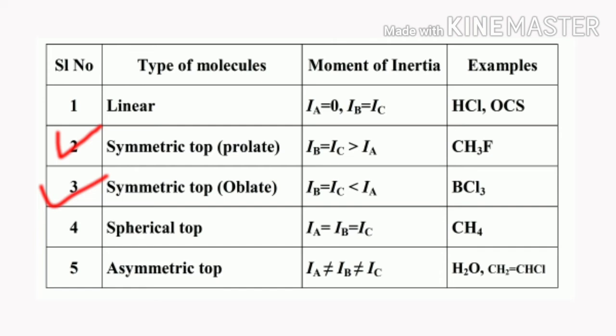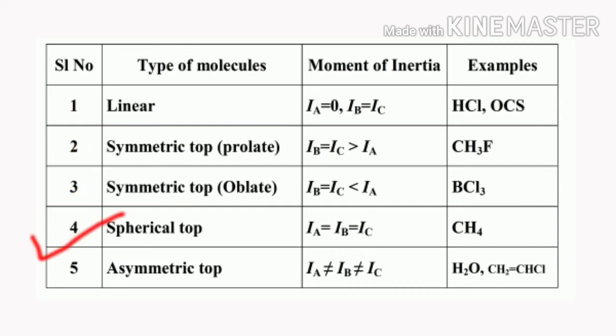In symmetric top prolate, IB equal to IC is greater than IA. For example, CH3F. While in case of symmetric top oblate, IB equal to IC is less than IA. An example of such a molecule is BCl3.